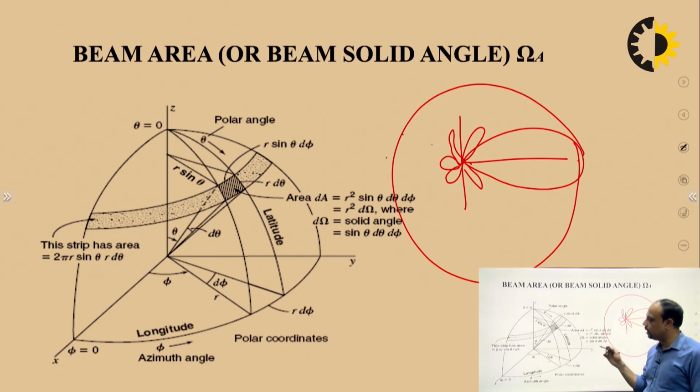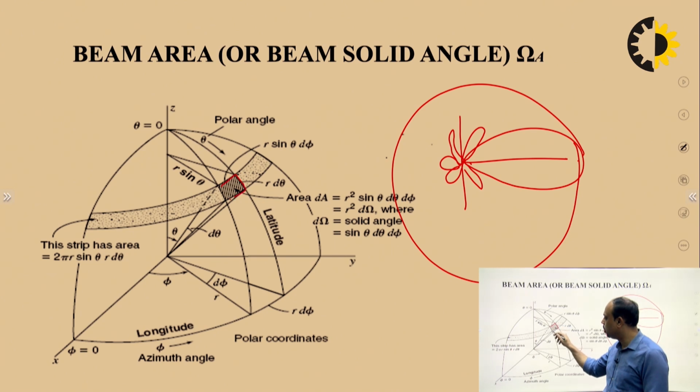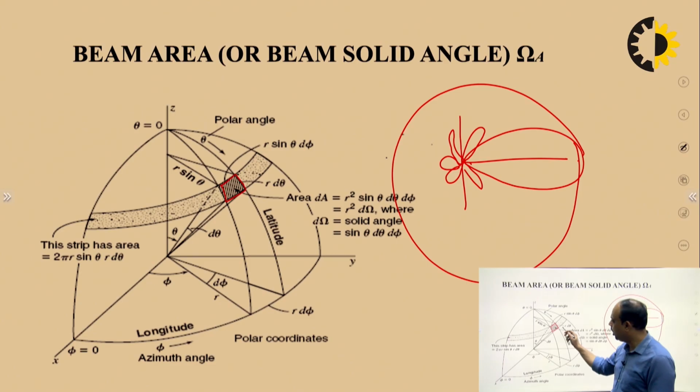So this is calculated by the spherical coordinate system, where we find the area of a small section and integrate over the complete sphere. The area of this section: one boundary is r sin theta d phi, and the other boundary is r d theta.